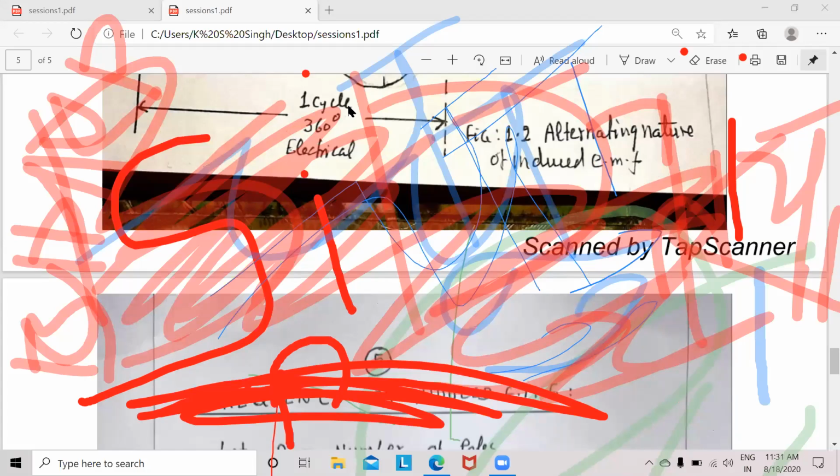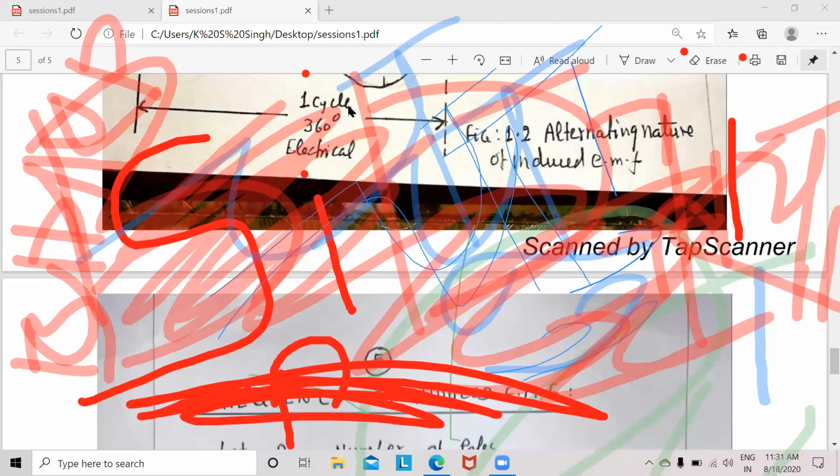in case of a DC generator, in the voltage induced, the armature winding is laid on the rotor and the field winding is kept on the stator.